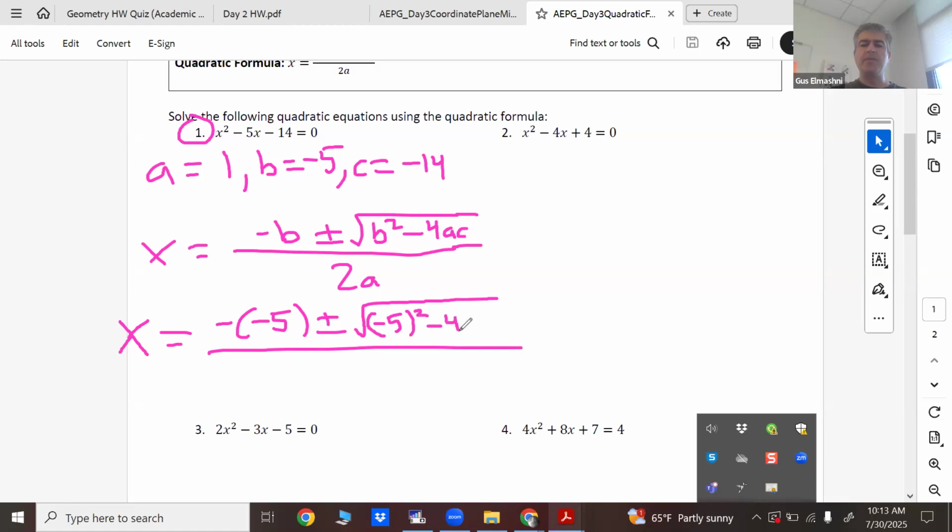Minus 4AC. A is 1. C is -14. All over 2A.